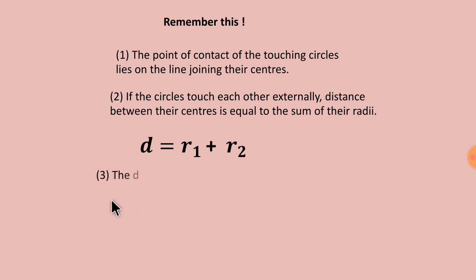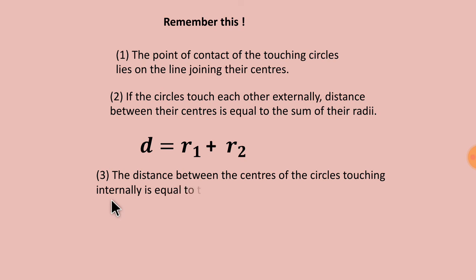In the same way, if the distance between the centers of the circles touching internally is equal to the difference of their radii. Means if the distance between the centers of the circles touching internally, समजा दोन सर्कल्स आहेत ते इंटरनली टच करतायत, तेव्हा the distance between their centers is equal to the difference of their radii.